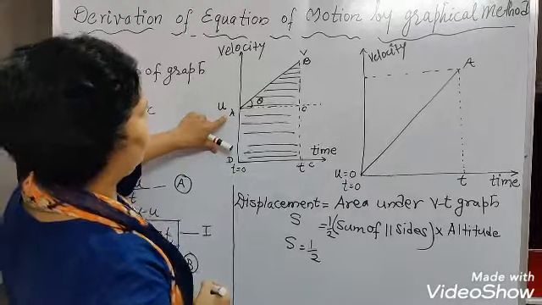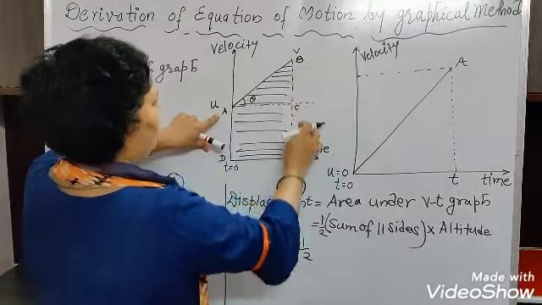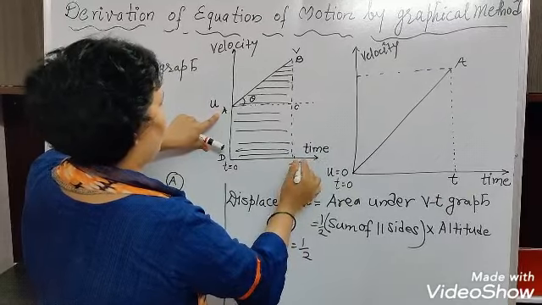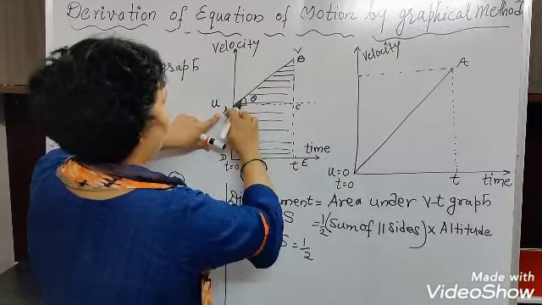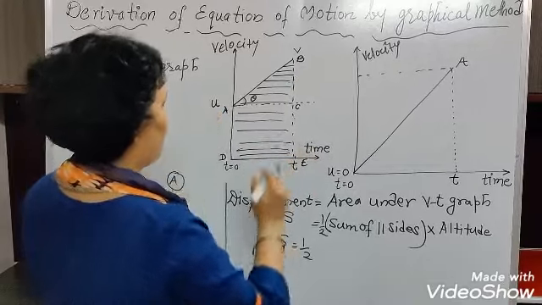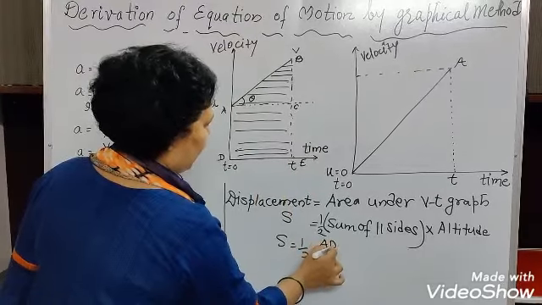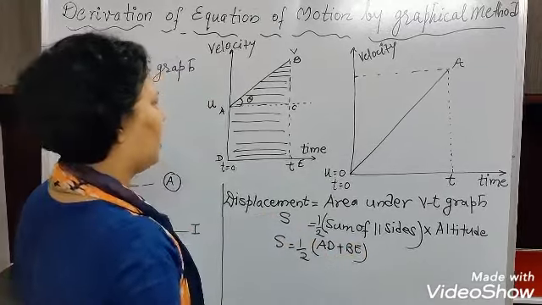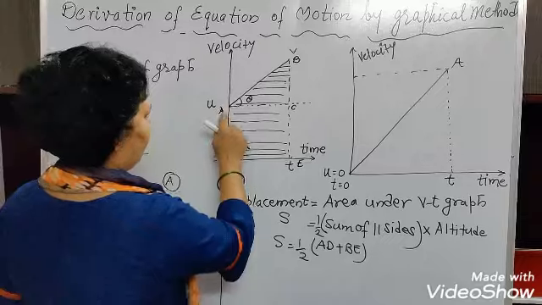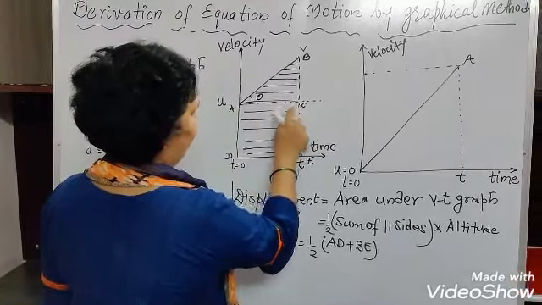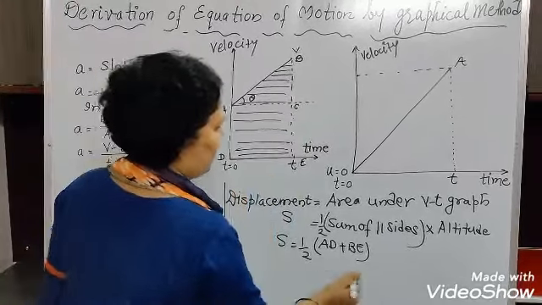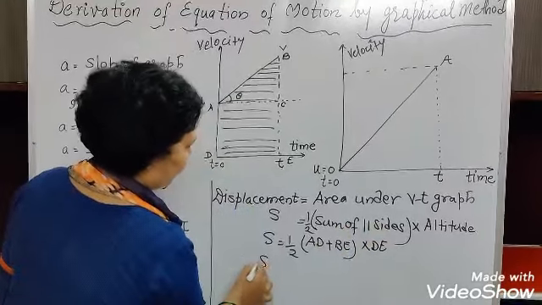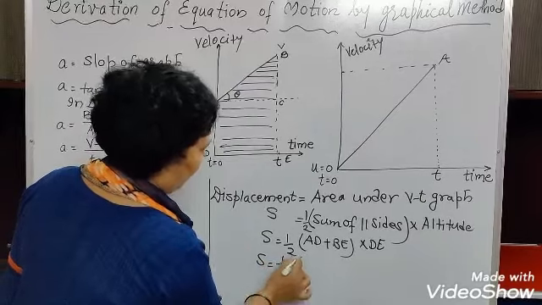One side is AD and the other side, if I take this point as E, is BE, so AD plus BE. The altitude is AC, or you can say DE. I am writing here DE. So S, the displacement, is equal to half.